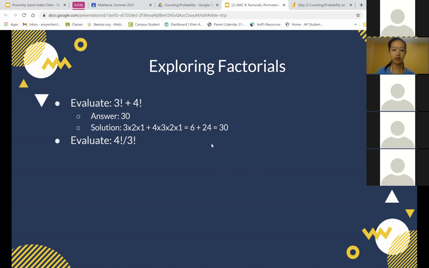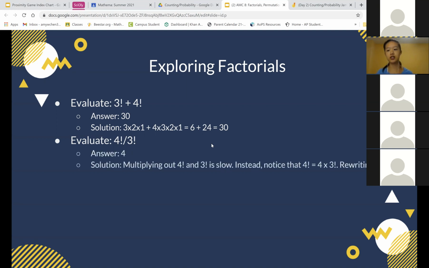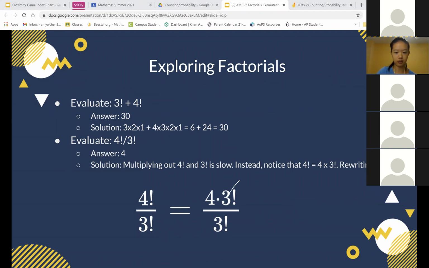However, I'm going to also show you a better way, which for larger factorials is better than multiplying it out. Just notice that 4 factorial is 4 times 3 factorial. So if we pull the 4 out, but leave the 3 factorial there, we can cancel out these 3 factorials, and that just leaves us with the answer of 4.